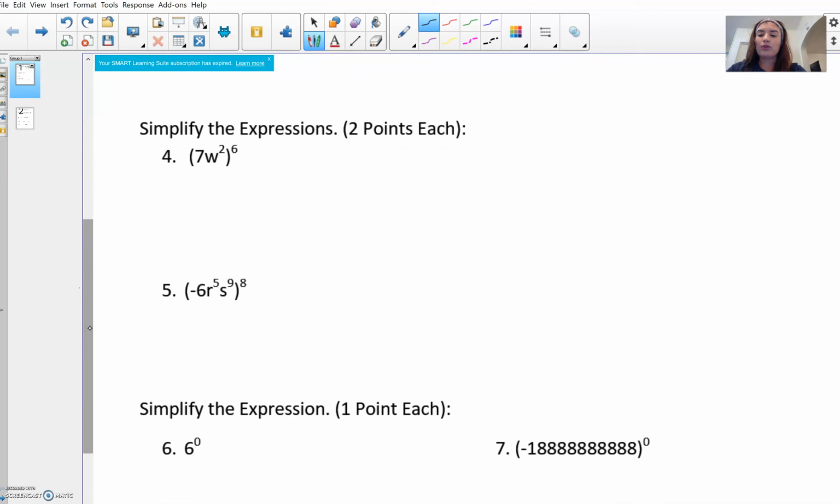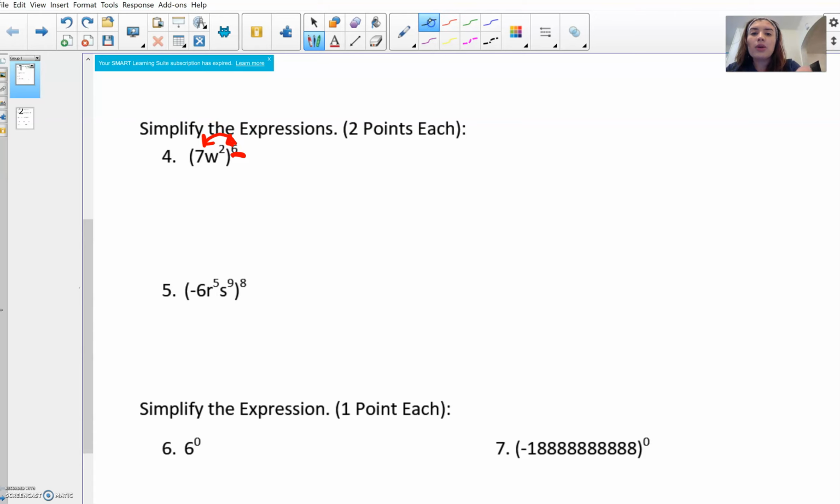So we're going to walk through 4 and 5 together. We're going to simplify these expressions. Now this again is power to a power. We have 7w squared all to the 6th power. Mrs. Sebecki did a great job in class explaining how this 6 needs to be distributed to each single piece.